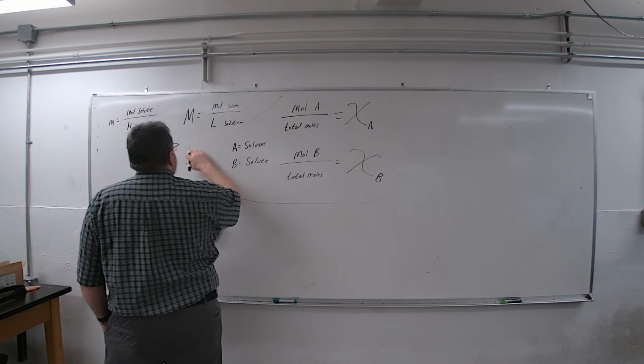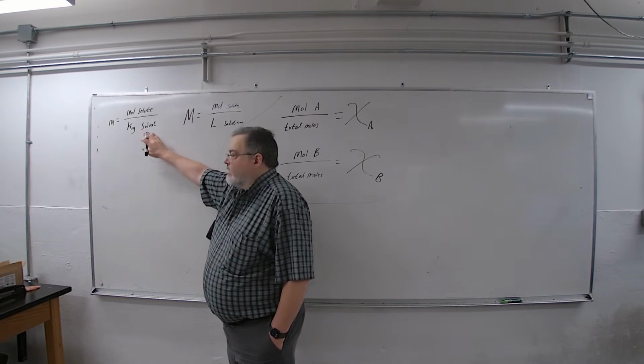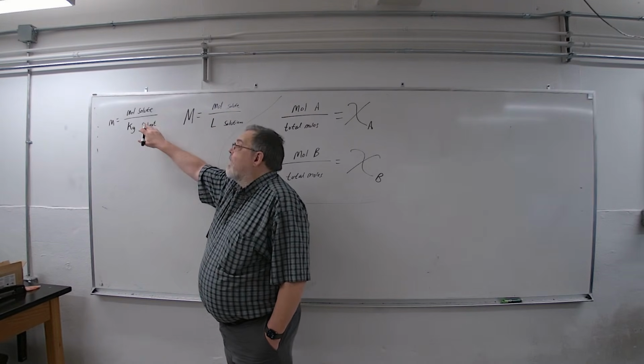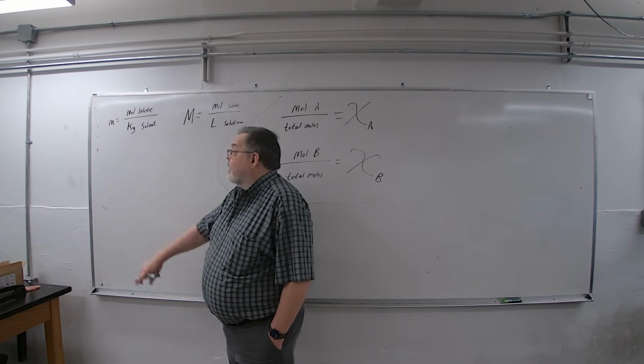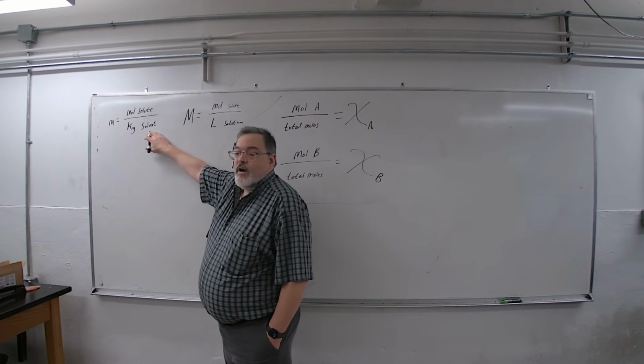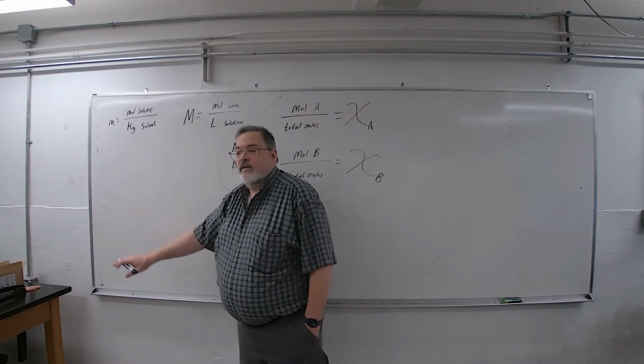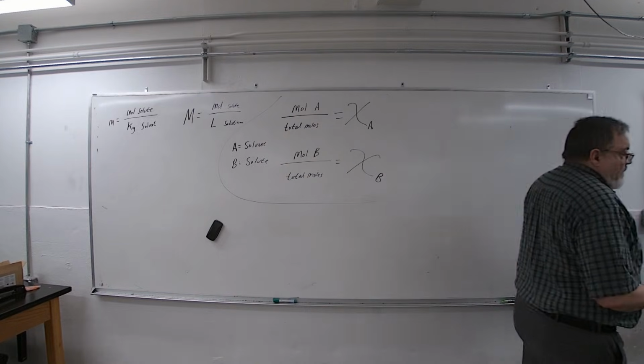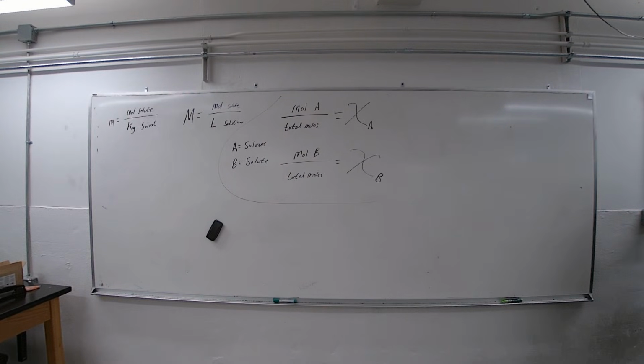So the denominator here is a little different from this one. This is exactly how much solvent you use and then the moles of the solute. That's not kilograms of the overall, that's kilograms of just the solvent. So the examples, I guess I'll do these.